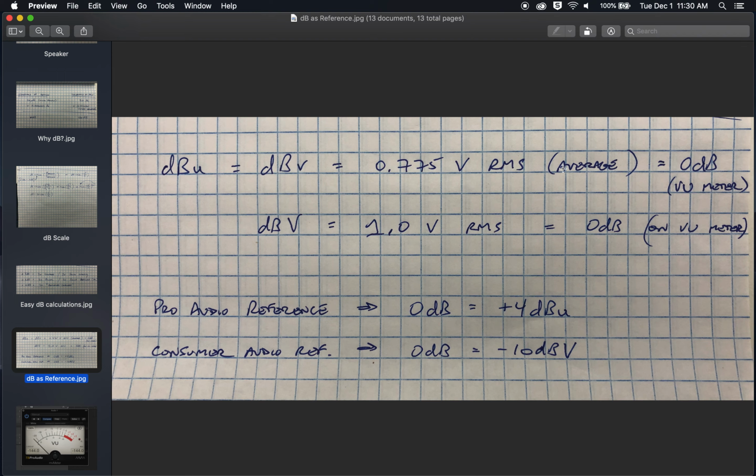And again, it all just comes back to a voltage reference, which is 0.775 volts RMS, which, RMS being root mean square, is for our intents and purposes really an average. So it's averaging 0.775 volts, and that is what we call 0 dB on a VU meter.